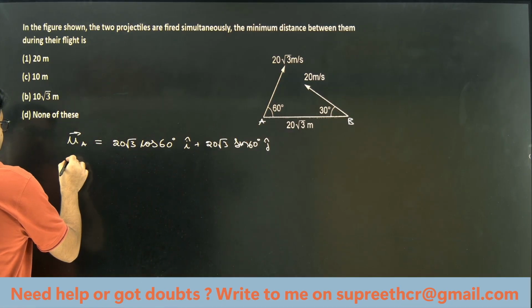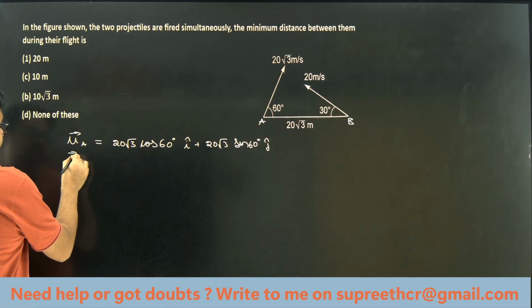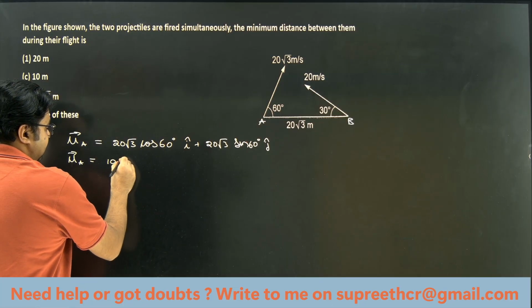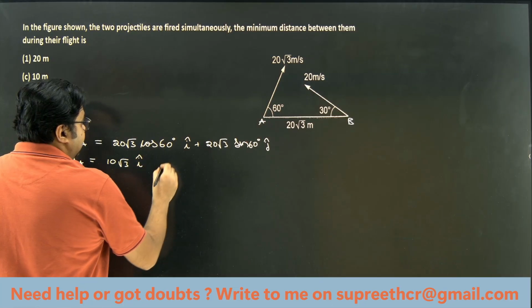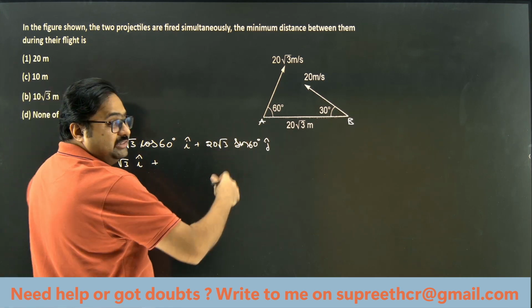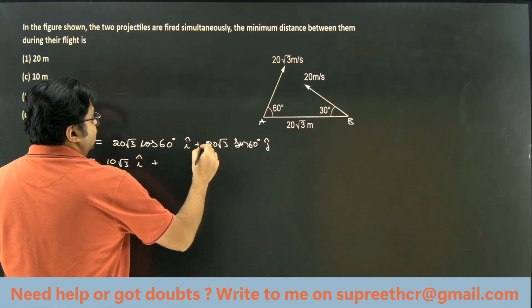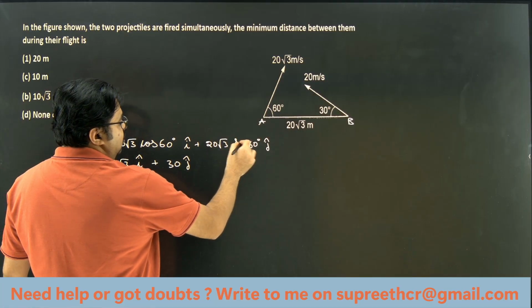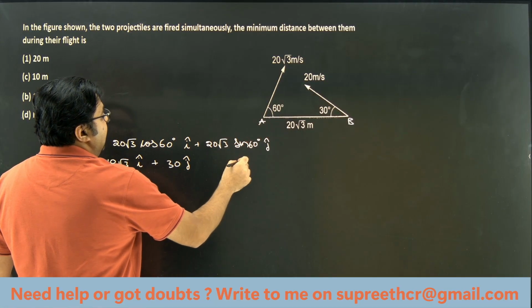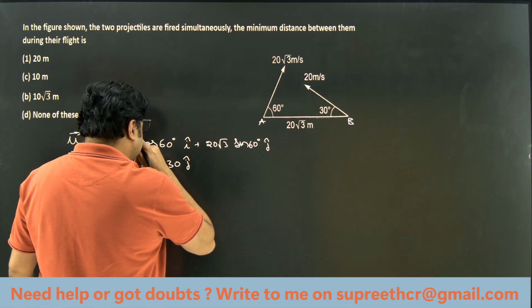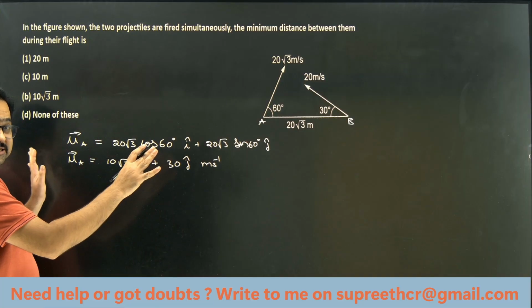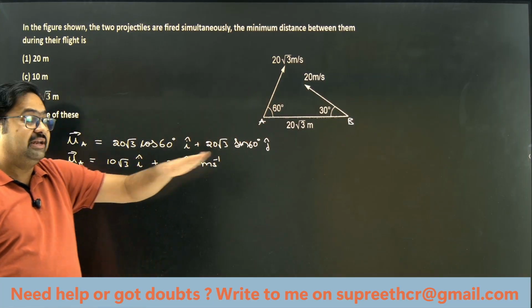So what does the initial velocity of A in vector form look like? Cos 60, my friends, is 1 by 2, so it will become 10 root 3 i cap plus, sine 60 is root 3 by 2, so we will have 30 j cap, because root 3 into root 3 would be 3 and 20 by 2 is 10, 10 into 3 would be 30 j cap meter per second. I have expressed the initial velocity of projectile A in vector form.